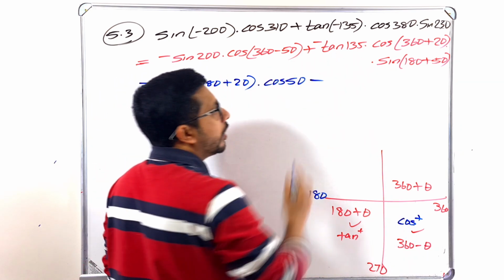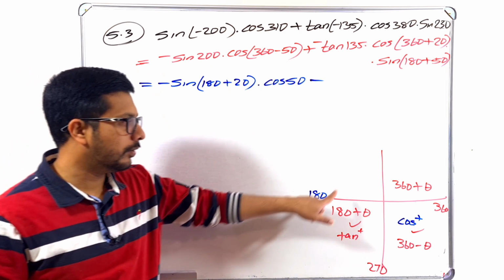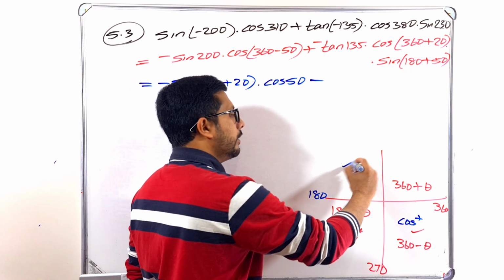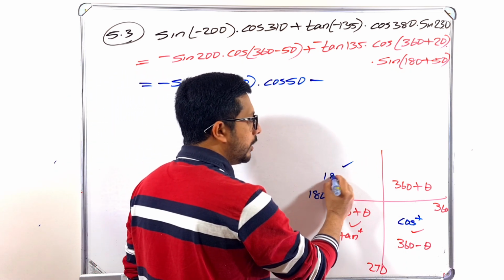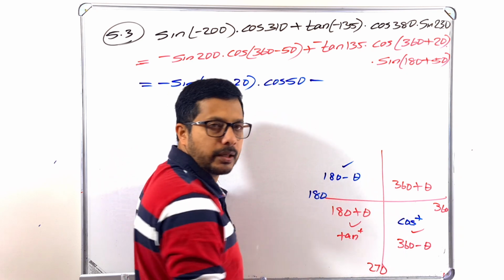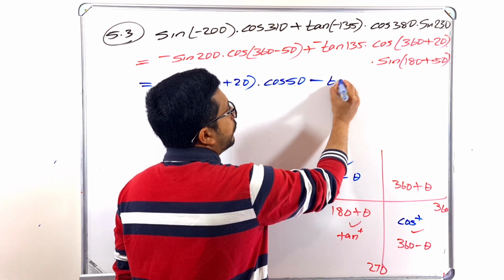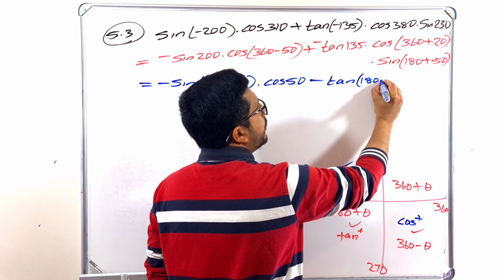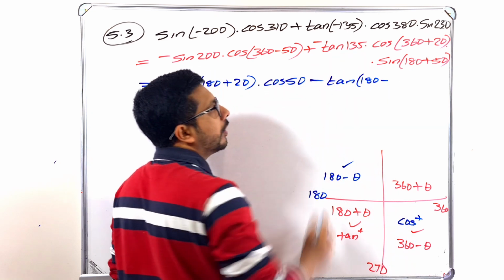Now tan 135. 135 is in which quadrant? 135 is before 180, am I right? That means in the second quadrant. Second quadrant, how can you write? 180 minus theta, am I right, guys? So tan of 180 minus which number is 135?